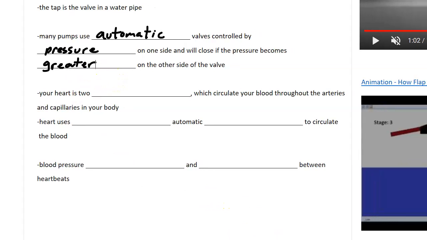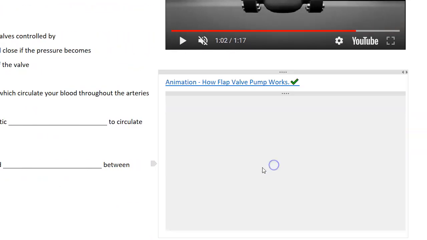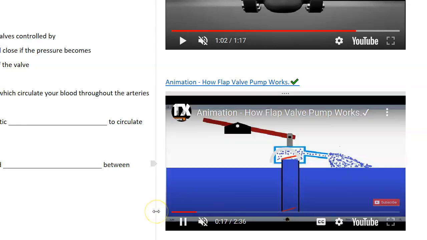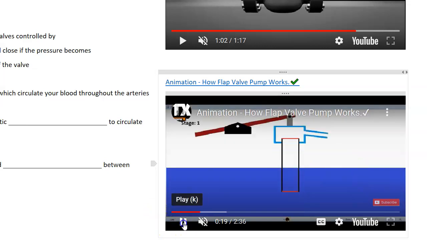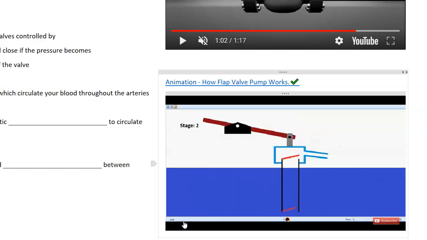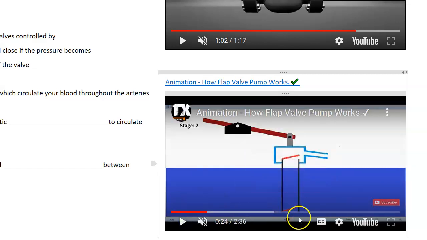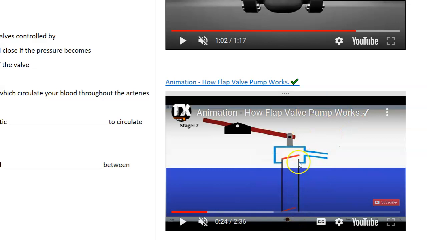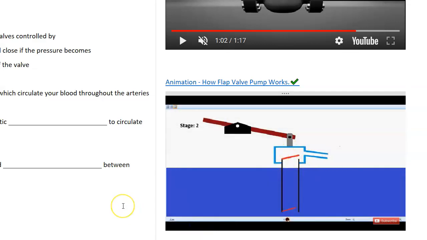Okay, if we take a look at this other video, as we move up, we've got higher pressure inside here, and the valves wind up closing. As we move down into stage 2, because we've got less pressure inside and more pressure underneath as we push this down, water comes in, the valves open up, and as we lift up, you're going to see the force of gravity cause it to go back down.